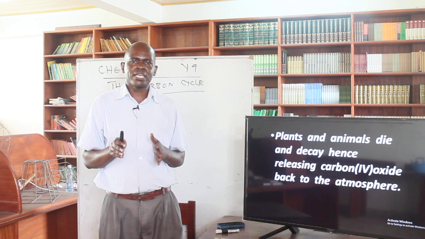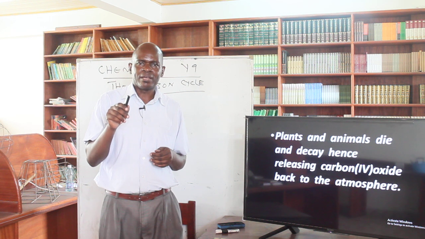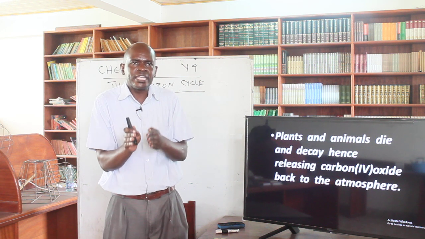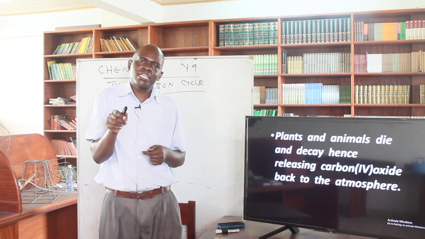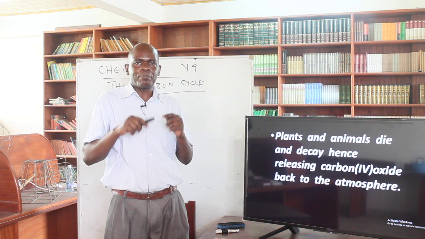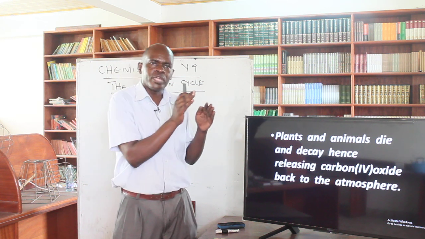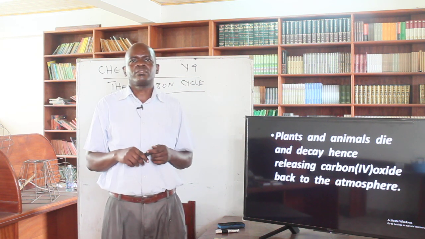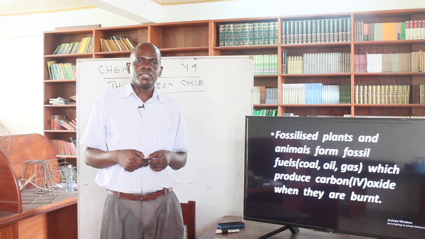This carbon dioxide is given back to the atmosphere. And remember, we are talking about the carbon cycle. So when the carbon dioxide is given back to the atmosphere, and carbon dioxide is a major source of carbon, then practically what we are saying is that carbon is returned to the atmosphere in the form of carbon dioxide. That is exactly what we are saying.